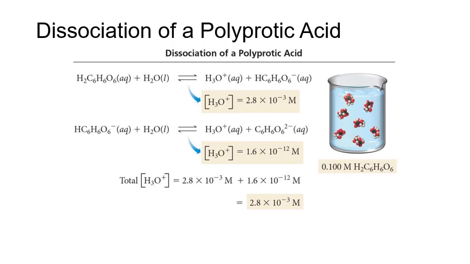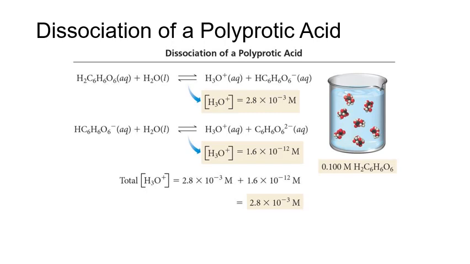Now, when we have the dissociation of a polyprotic acid, because that Ka is so much larger, we can think about it as a mixture of acids. Okay? So because our Ka is so much larger, the main contribution to our pH comes from the dissociation of that first hydrogen. But this is a sequential reaction.